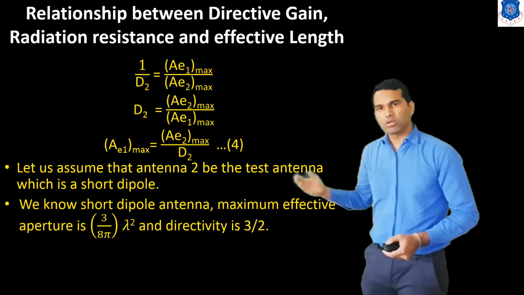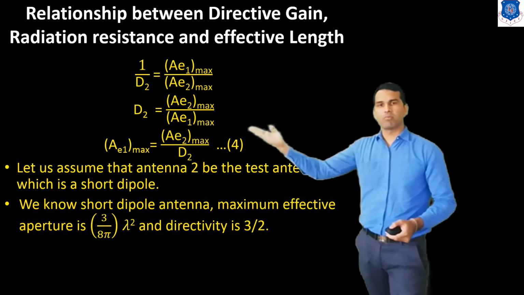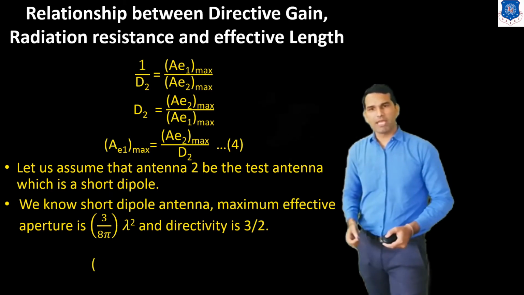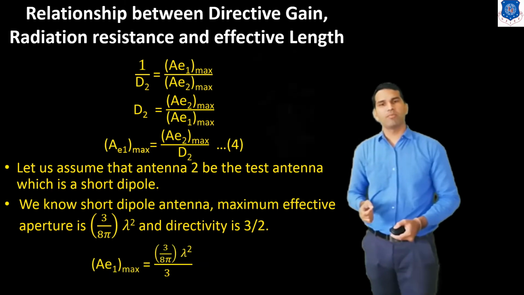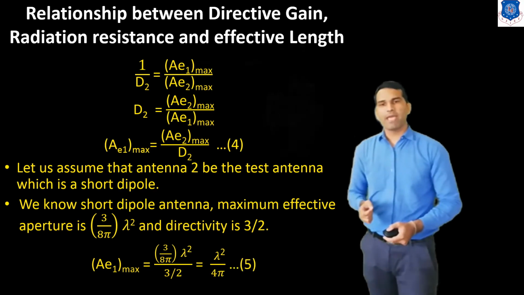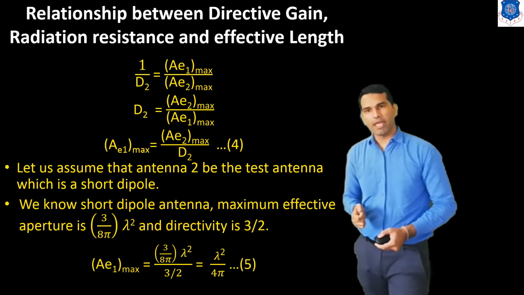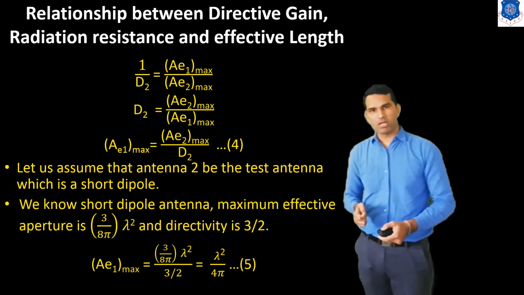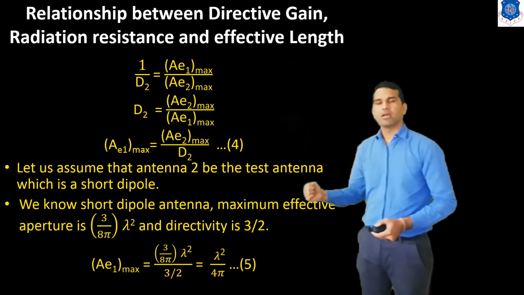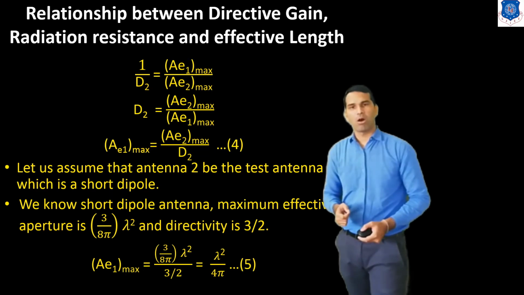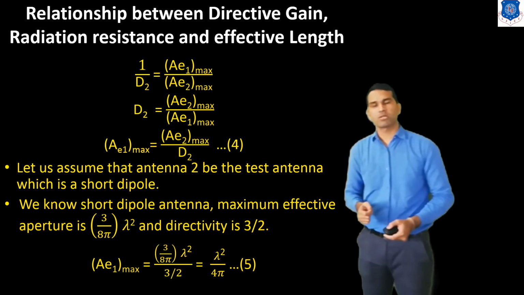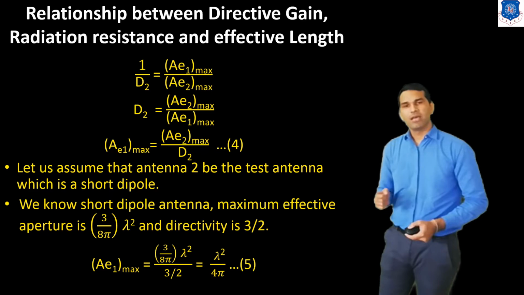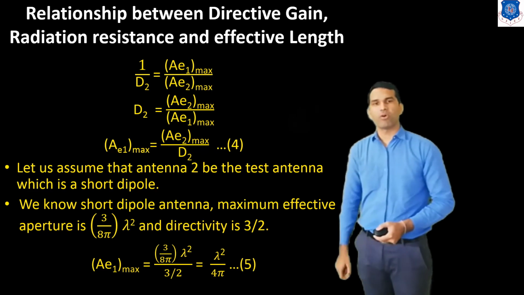Now we put these values in equation number 4. So we get AE1 maximum is equal to 3 upon 8 pi lambda square upon 3/2. When we solve this equation, we get the maximum effective aperture of antenna 1 as lambda square upon 4 pi.